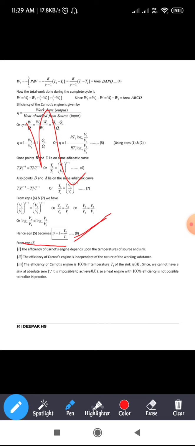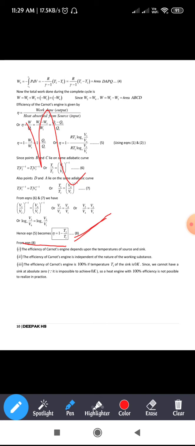So we cannot say that T2 will be equal to 0. Since some amount of heat is rejected to the sink, the efficiency of a heat engine cannot be equal to 1 or 100%.